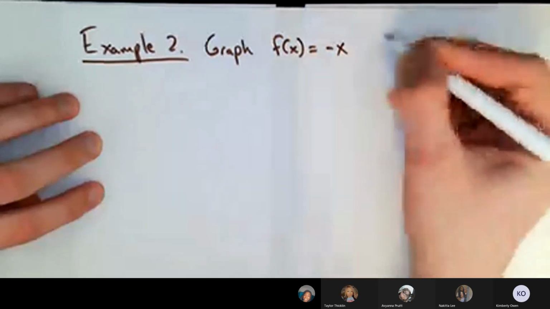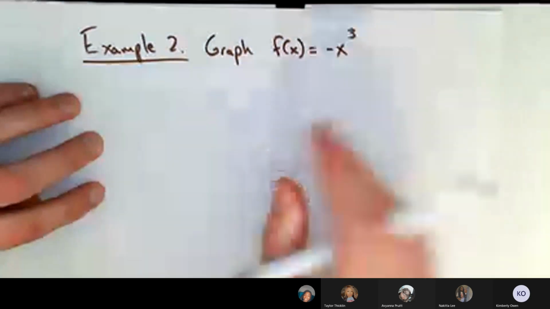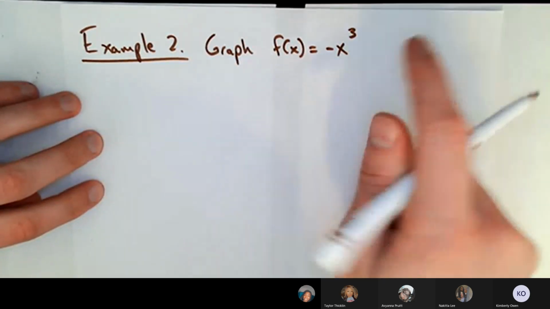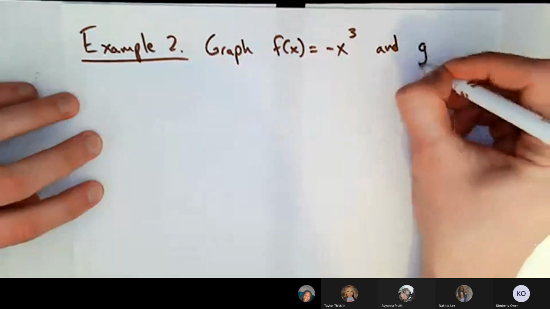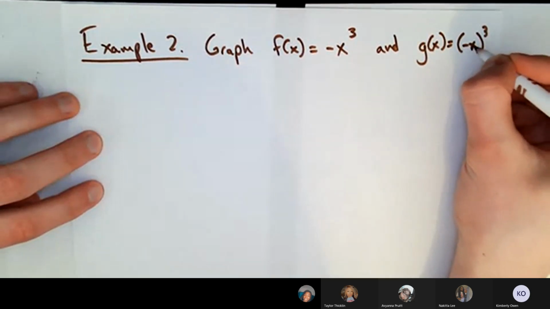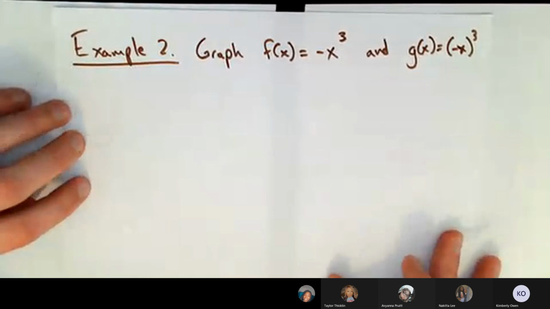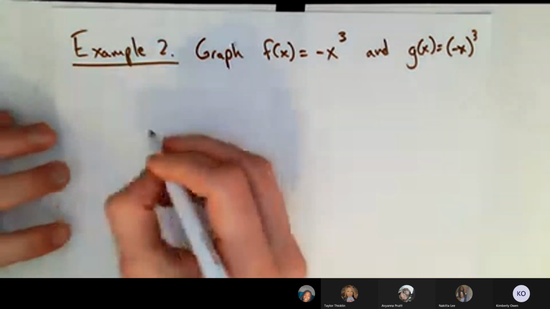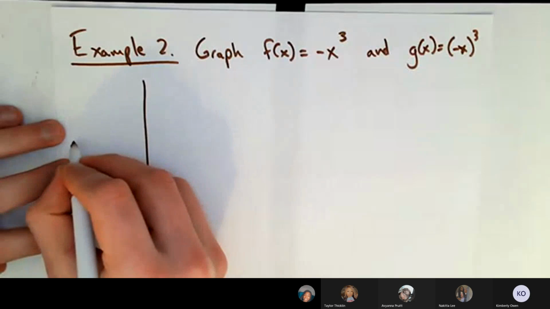So let's graph f of x equals, so first we're going to mirror what we did in example 1 with stacking it on the outside first and putting it on the inside. So I'll just kind of mirror how I did example 1.